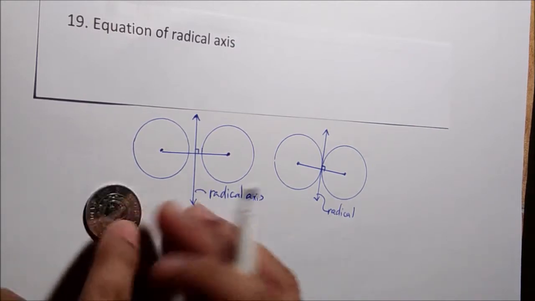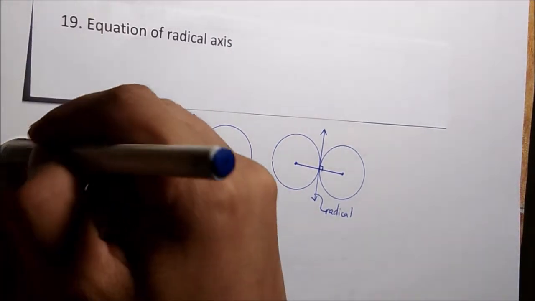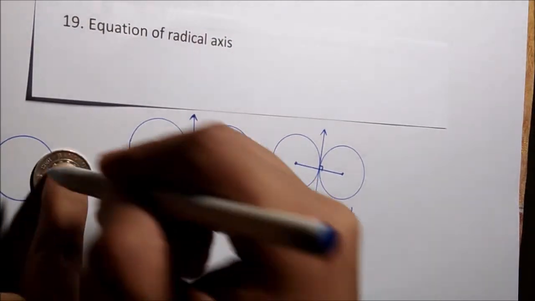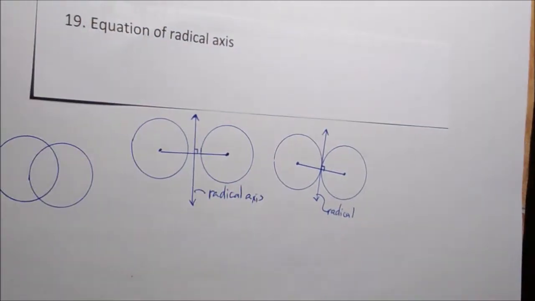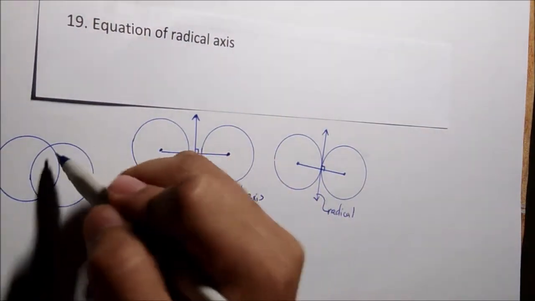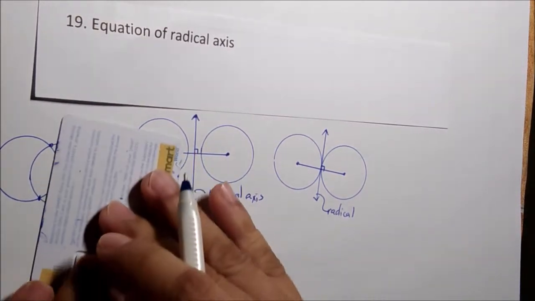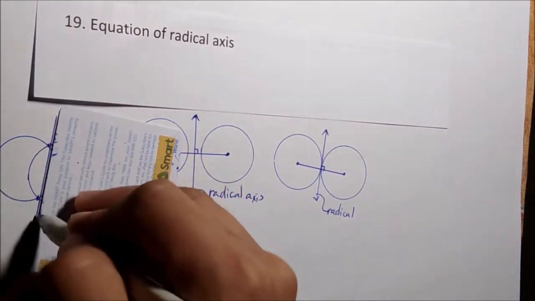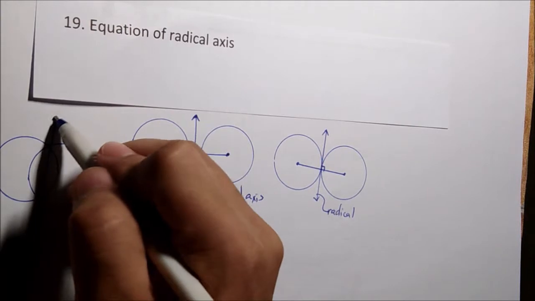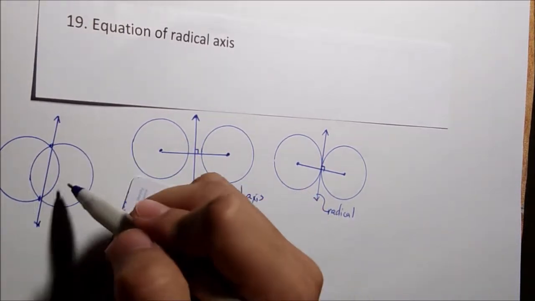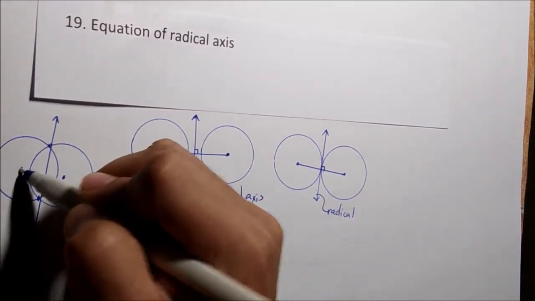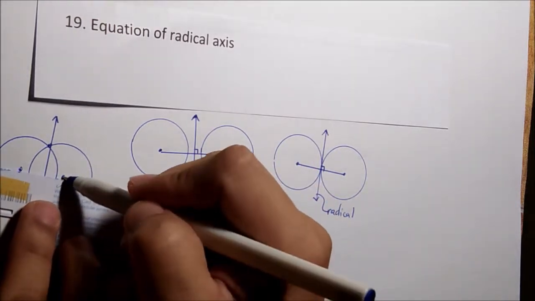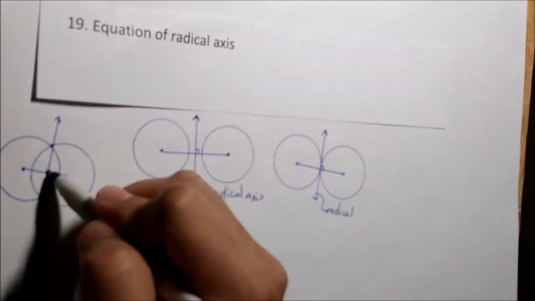If two circles intersect, the radical axis passes through the points of intersection. This is also perpendicular to the line joining the centers of the circles. Okay. This is also perpendicular.